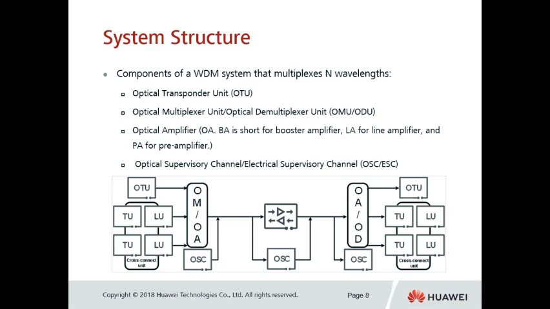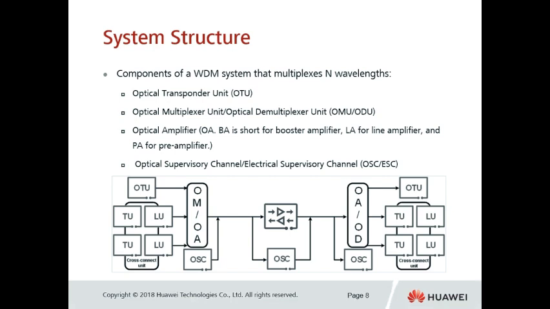So we cut the OTU board into two pieces, making TU and ALU. TU only has client ports. ALU only has WDM ports. TU connects with client equipment directly. ALU connects with the WDM side directly. If the TU accesses the service from the customer, then after it receives it, it cross-connects the service from the TU to one ALU.